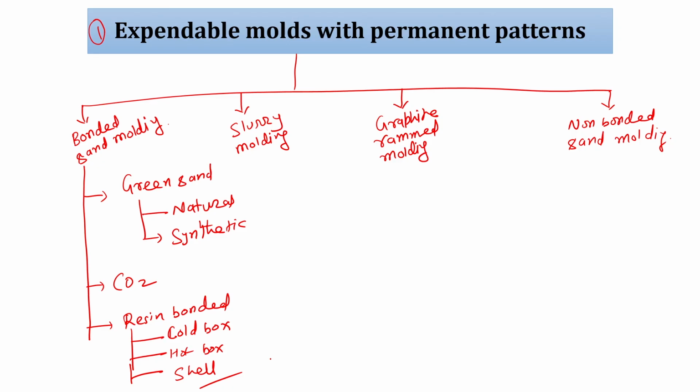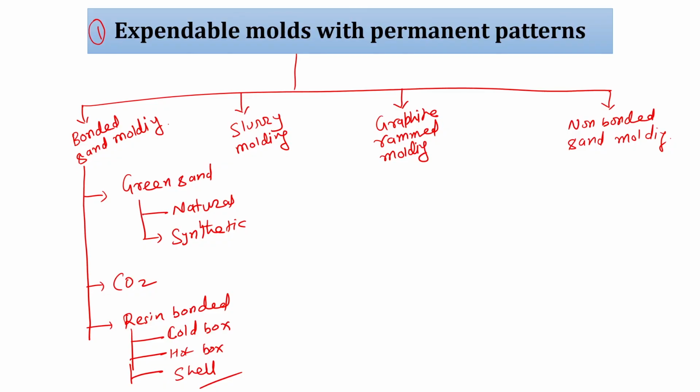Very popular, shell molding, we will show that. So for an expendable mold made of sand, the first category is bonded sand, where bonding can happen by natural sand, sand with natural binders, synthetics, CO2, cold box method, hot box method, and shell molding, where we use sand only, but binder and moisture will be there, either in natural form or chemically bonded form. Okay, that is the category.